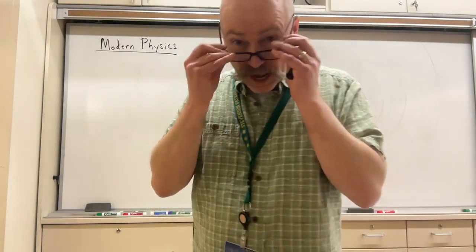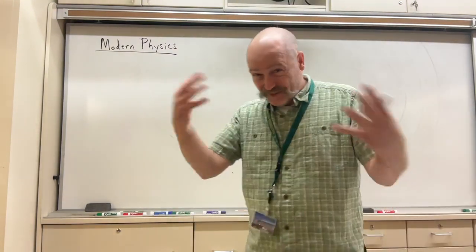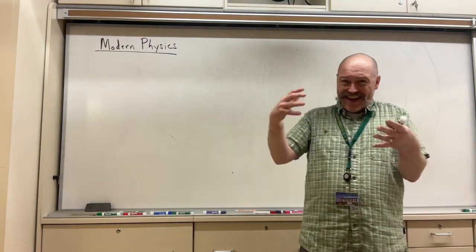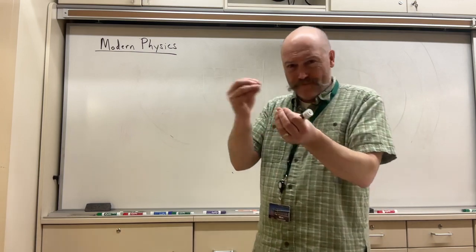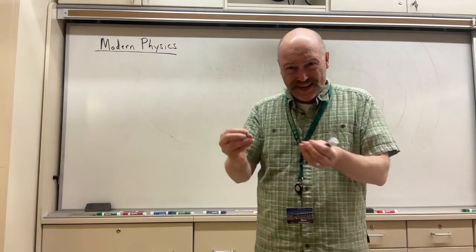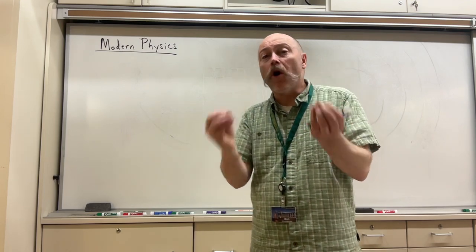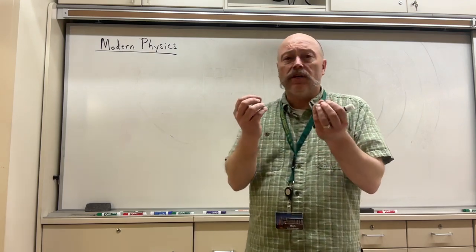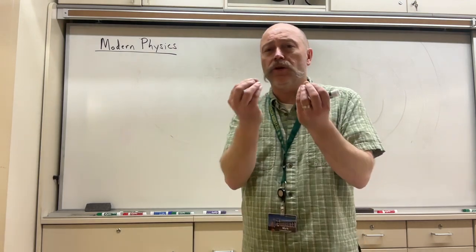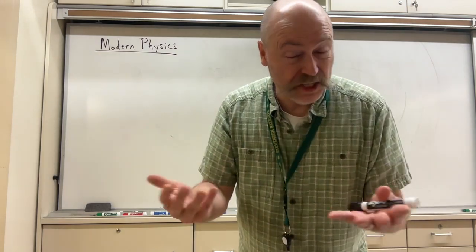So first, the word atom. When scientists first came up with the idea that matter can be broken down into little pieces, they said the smallest piece we're going to call an atom, because the word atom essentially means the smallest piece.